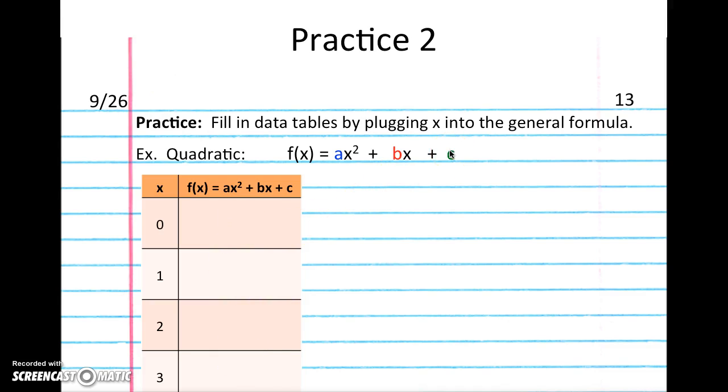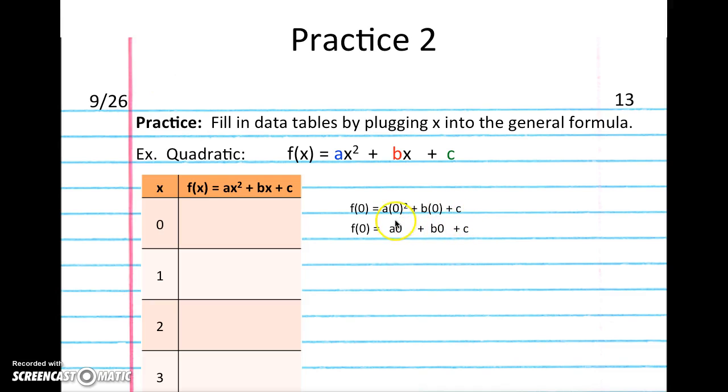So let's start with 0, and I'm going to do my work on the side, not in the actual column, just because it's going to make it so much neater. For the first one, I'm plugging in 0 for x, so f of 0 is equal to a times 0 squared plus b times 0 plus c. I know 0 squared is 0, so what I'm left with is f of 0 equals a times 0 plus b times 0 plus c.